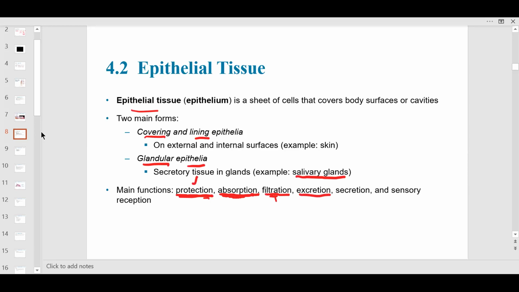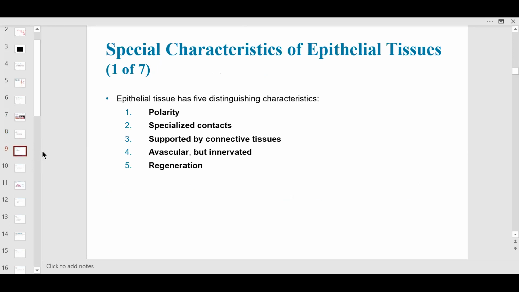Excretion, like the kidney tubules, sometimes they have to excrete things, so they'll secrete or reabsorb. Secretion, mostly those simple cuboidal cells, also in the kidney. All right? And sensory reception is in our skin, but that's really nerve tissue. That's really nerve tissue, but it's in our skin.